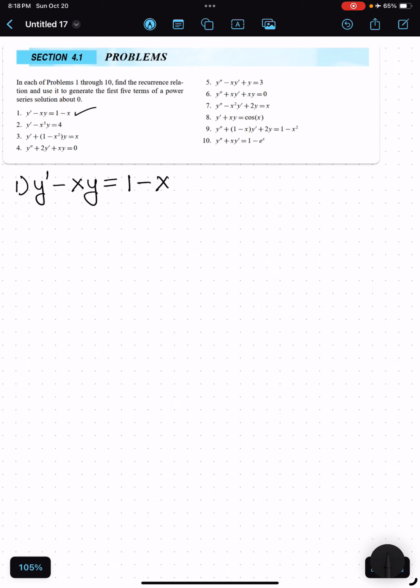So we have y prime minus xy equals 1 minus x. As we can see, the right-hand side is not equal to 0. That basically means that this is a non-homogeneous differential equation.